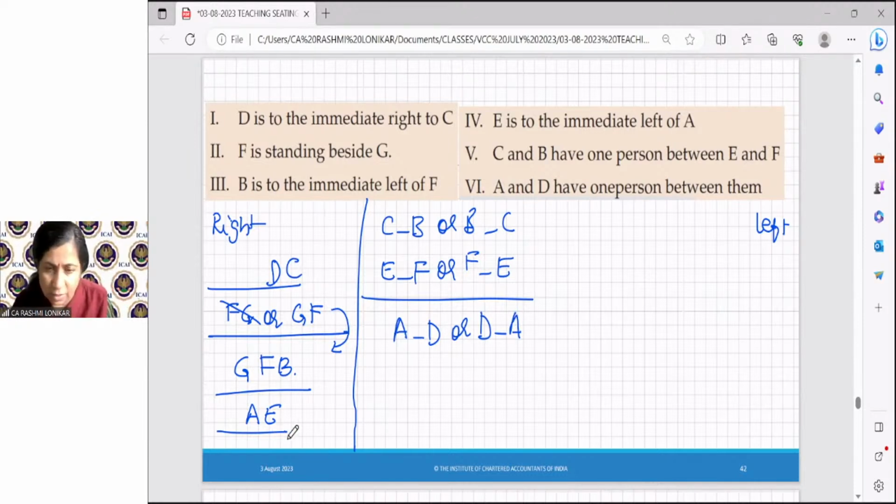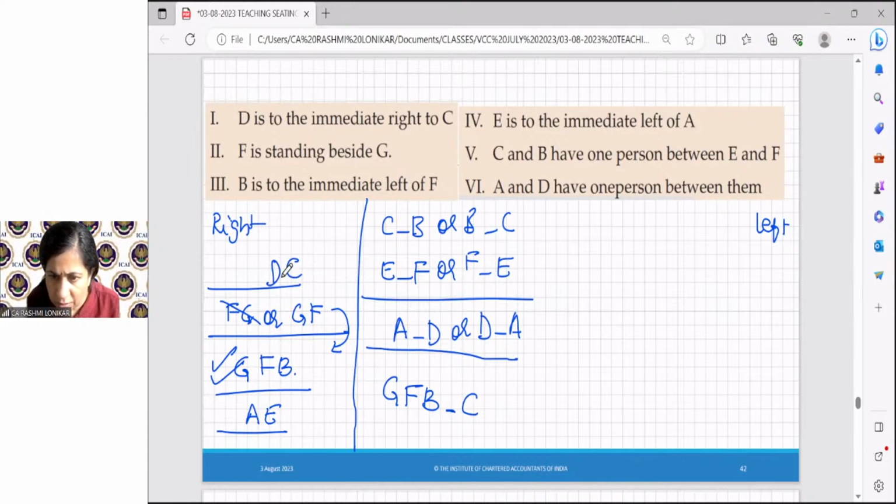Now, if I try to arrange, what will happen? I already have G, F, B. Okay, this is nearly fixed now. What will happen after B? B dash C, because this arrangement is fixed. Then what is the relation now? DC. So I have DC. Where will I put my D?